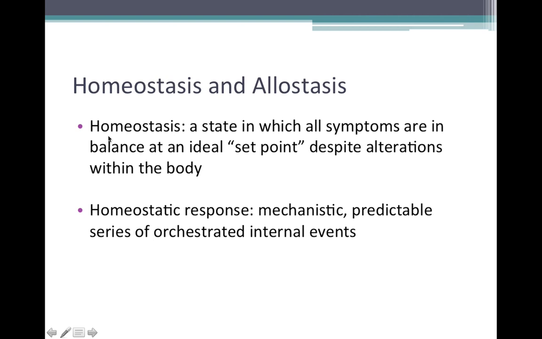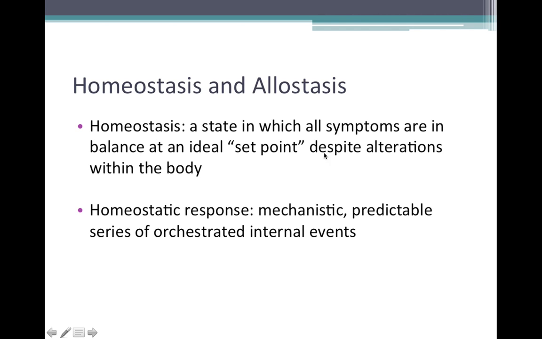And really, we think of homeostasis as being a state of internal balance in our bodies, because our bodies are always exposed to factors that could change our internal environment, but all of our organ systems can work together to maintain stability and keep values constant in our body. We refer to that as being homeostasis.